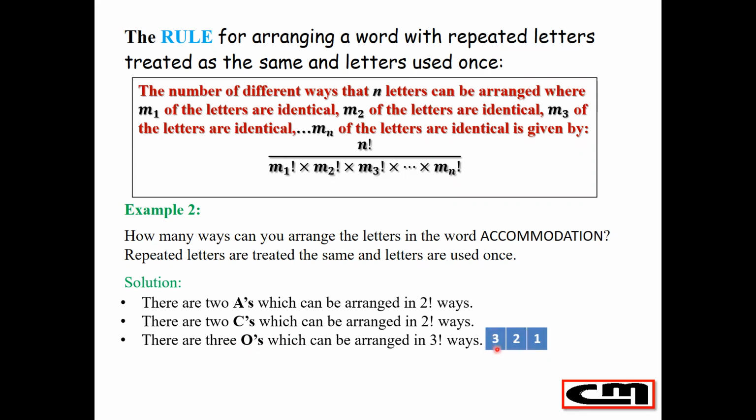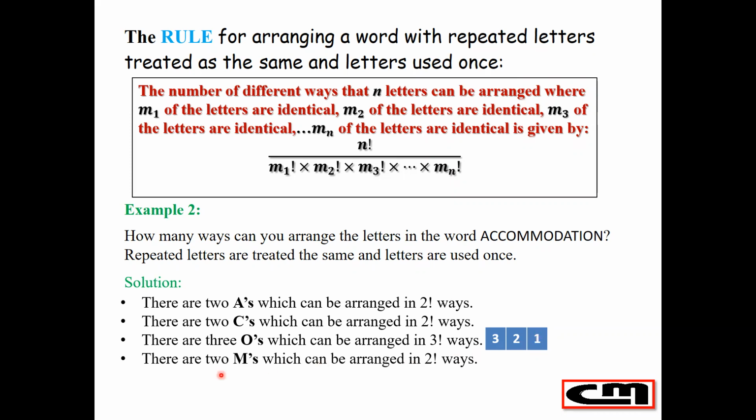We are saying any of the 3 can occupy the first position. Once we fill this position, we are left with 2 O's. Then for position number 2, any of the 2 can occupy there. Once we fill this position, we are only left with 1 O. So the last position can only be filled by 1 O, right?